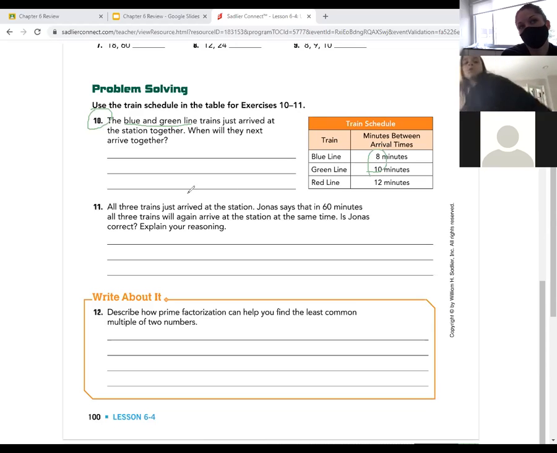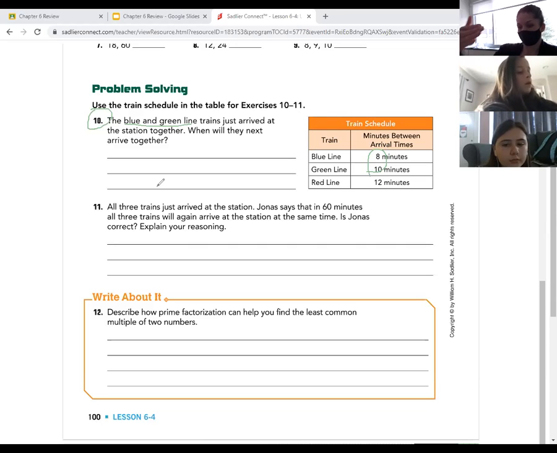So the blue and the green train lines have this repetitive sequence of 8, 8, 8, and 10, 10, 10. So when will those rotations arrive at the same time? After how many minutes have expired? So we're going to have to do the least common multiple between 8 and 10.